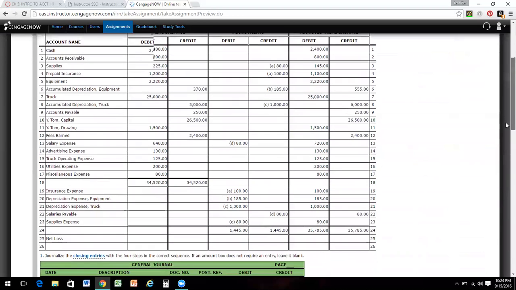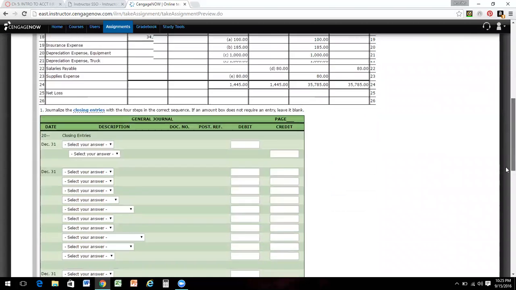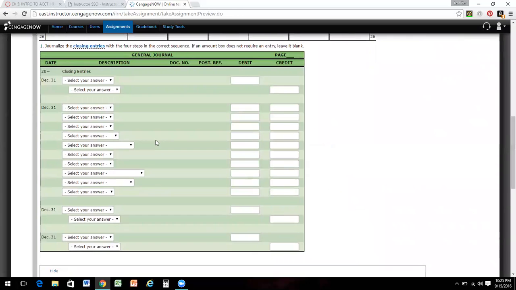They did the trial balance, and then with these adjusting entries, they had to squeeze in some new accounts. So these are not necessarily all in chart of account order. So you need to be able to identify these new ones they added down here as to their main categories, so you can do these closing entries.